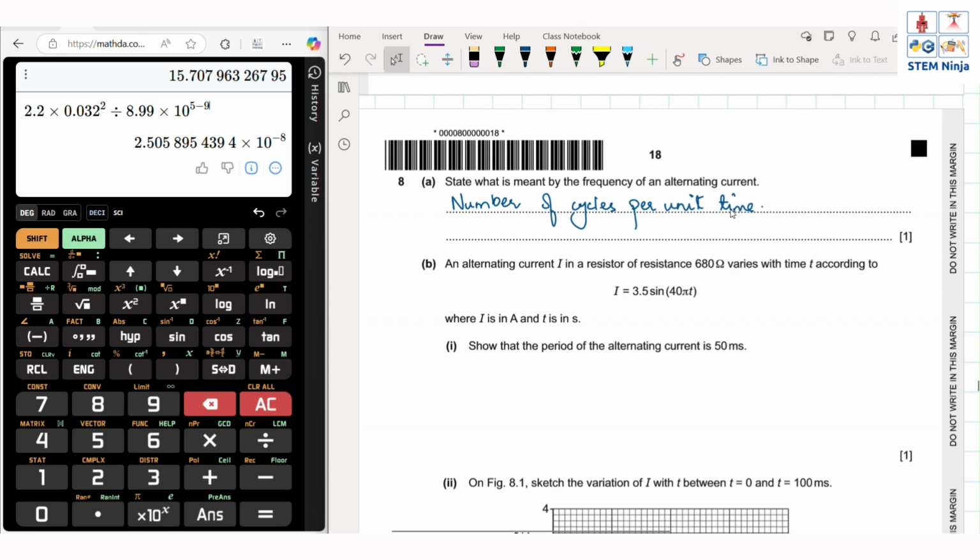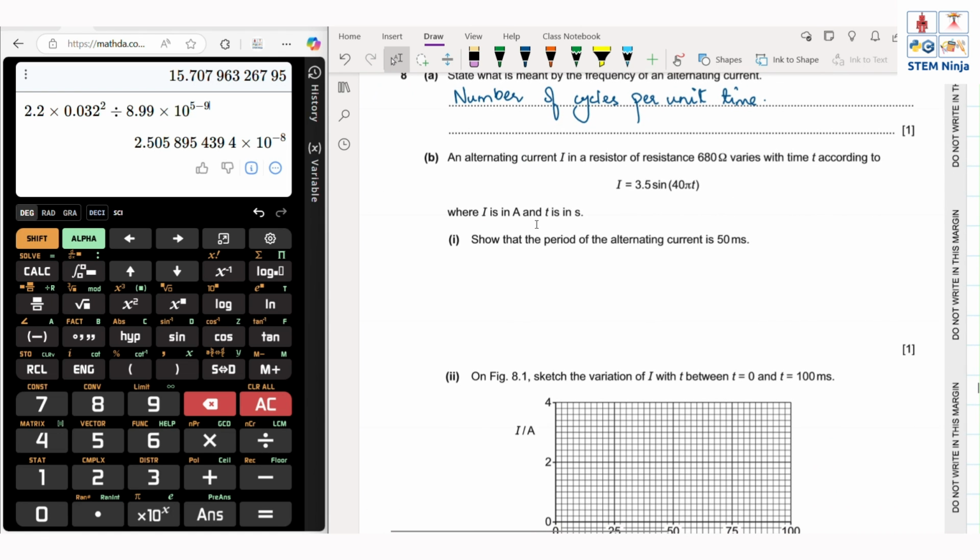An alternating current I in a resistor of resistance 680 ohms varies with time t according to this, where I is in amperes and t is in seconds. Show that the period of the alternating current is 50 milliseconds. That is coming from this omega. So omega is 2 pi over T, equals 40 pi. So T would be 2 pi over 40 pi.